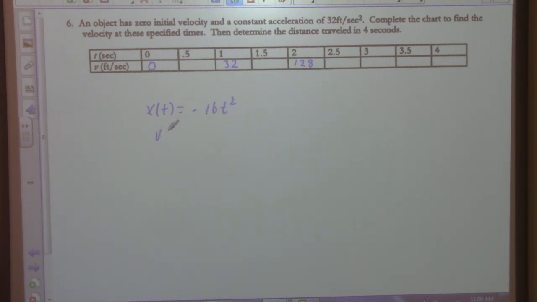So v of t is going to be negative 32 t, and a of t is going to be equal to negative 32. So that's your acceleration, but this is going to be your velocity.